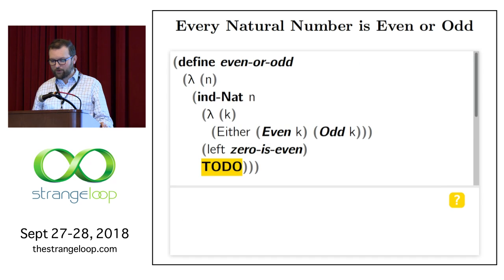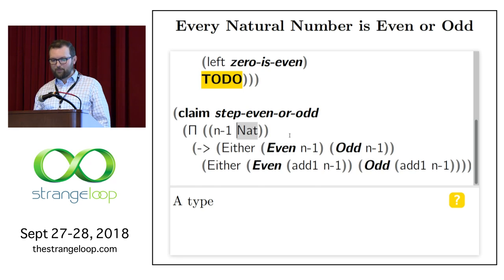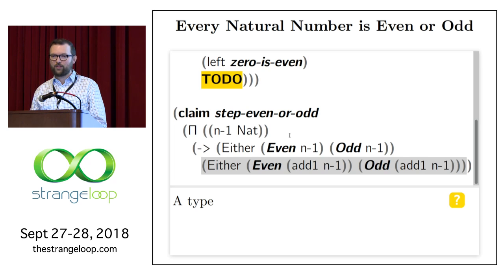well, for that we're going to write a helper. So this helper here is called step of even or odd, and it takes some n minus 1, almost the n we're looking at, and evidence as to whether n minus 1 is even or n minus 1 is odd, and gives us back evidence that add 1 of n minus 1 is even, or that add 1 of n minus 1 is odd.